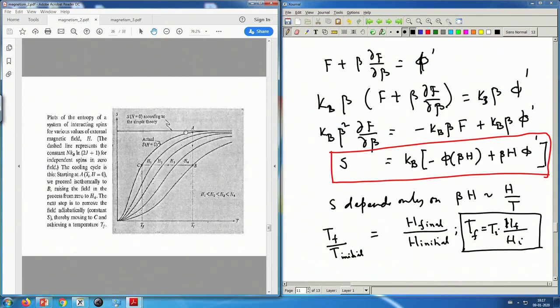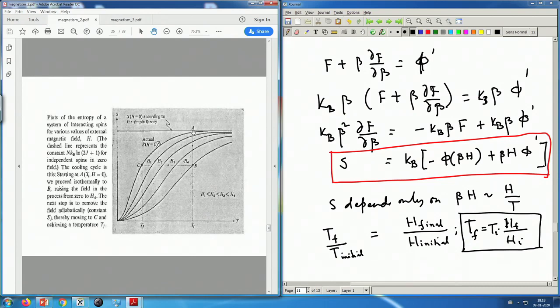Remember the dashed line represents the constant N k_B log(2J+1), that is what I was saying, that you have no dependence on temperature, and 2J+1 is the degeneracy of the Jth level. That was the entropy at very high temperature, that is correct. That is what you see, all these curves at very high temperature go to this N k_B log(2J+1) value.